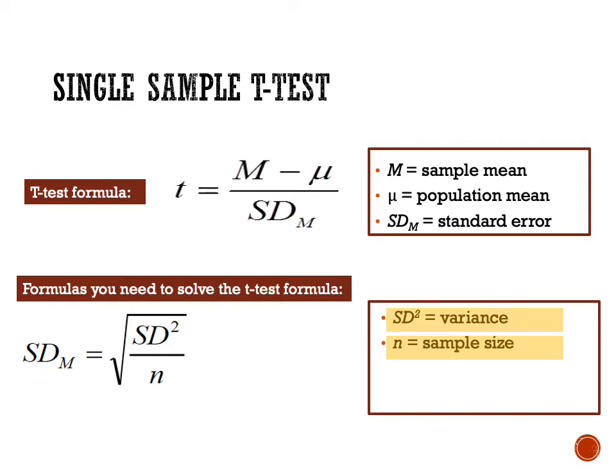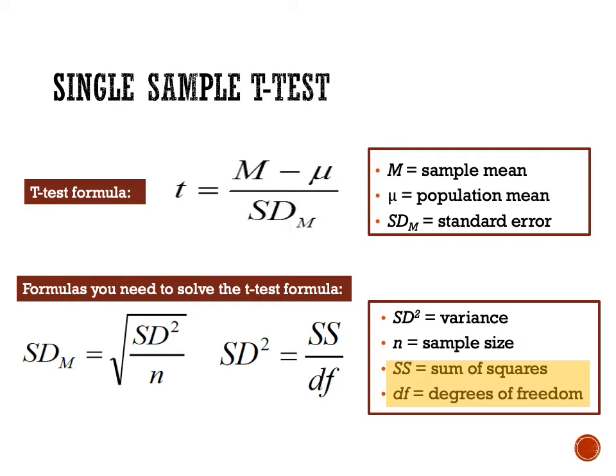And luckily, we've already learned how to do that this semester, right? So the formula for variance is sum of squares, or SS, divided by DF, which is our degrees of freedom. And in this case, our degrees of freedom is equal to n minus 1. So this is all the information that we're going to need when we get ready to actually solve for T.